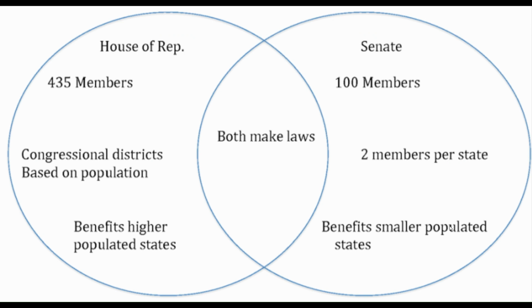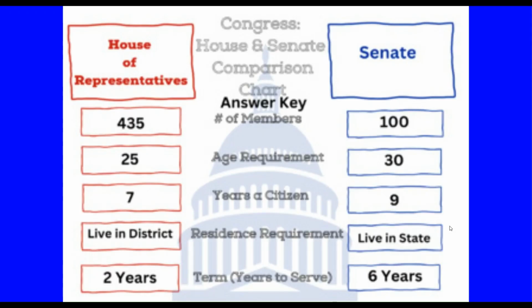So the more reps you have, the more political voting power you have in the House of Reps. And so California has 53 times the voting power of Wyoming or Montana in the House of Reps because of population disparities. Whereas in the Senate, Wyoming gets two senators and California gets two senators. So the small states are benefited by the Senate.